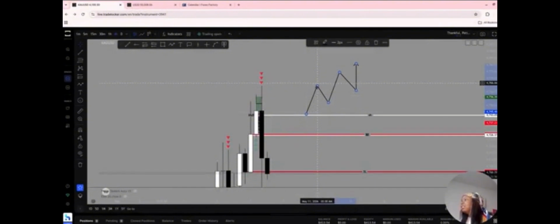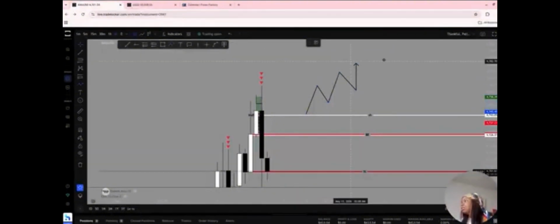Then you're going to see, so right here is your low, right? Then it goes up and makes a new high. Then you have a higher low. Then you have a higher high than the previous high. Then you have a higher low than the previous low, and a higher high. So when you see higher highs, higher lows, that is an uptrend.